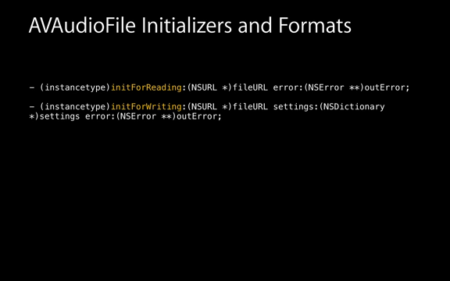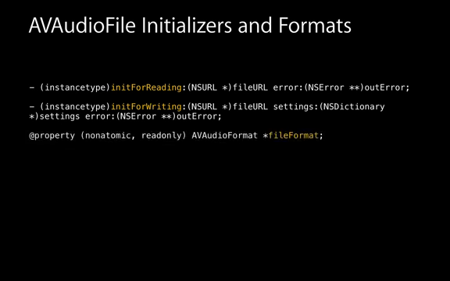Very similarly, to create an AVAudioFile for writing, the only extra information you need to give us is a settings dictionary. This is the same settings dictionary passed to AVAudioRecorder. And in there are keys which specify the file format you want to use. And in the case of, for example, AAC, you can specify the bit rate and any other encoder settings. Those are in the settings dictionary.